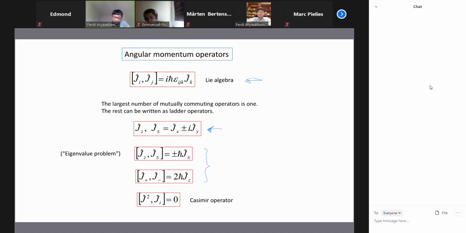And we can see that we have a state |j, m> like this, and we operate on it on both sides.